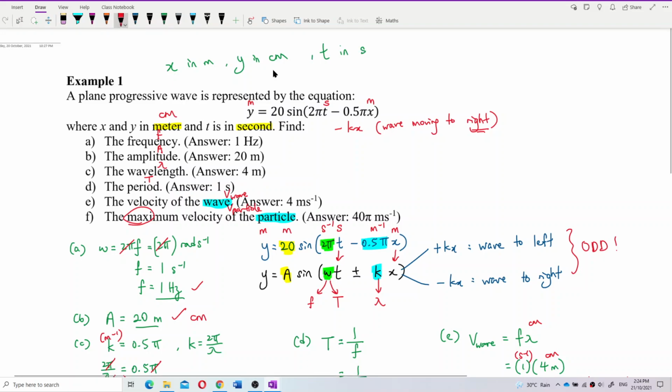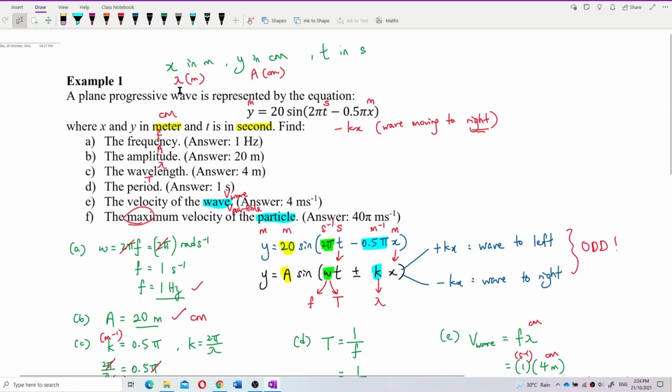For this case, if y is in centimeter, then your amplitude will be in centimeter, and your x is in meter, which means your wavelength will be in meter. So it's different. Amplitude is centimeter, lambda is in meter.